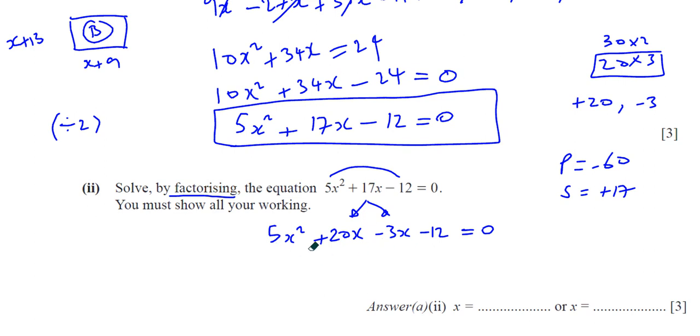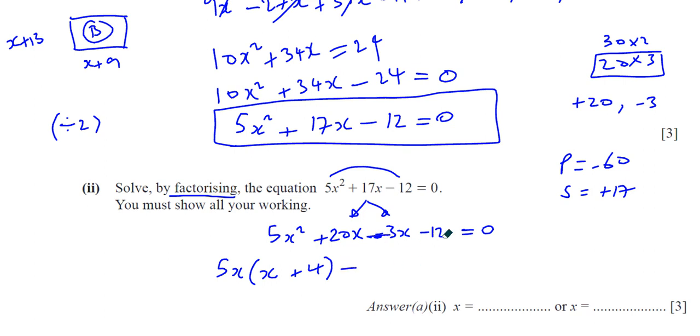We take the first 2 terms separately. What's common? 5 and x. Open bracket: 5x times x gives 5x squared, and 5x times plus 4 gives 20x. Then whatever sign comes next, you write it down, so negative.